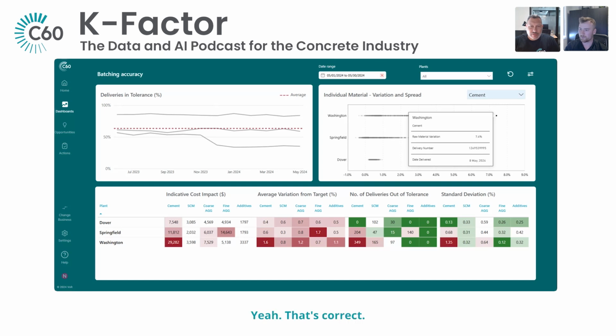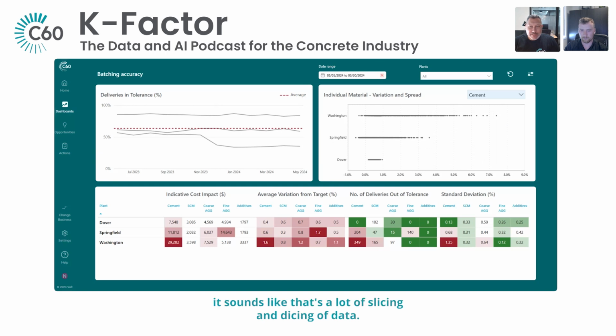Yeah, that's correct. And it sounds like that's a lot of slicing and dicing of data. In a traditional report world, in your experience, how difficult is it to isolate one single material across all of your plants or all of your delivery tickets?